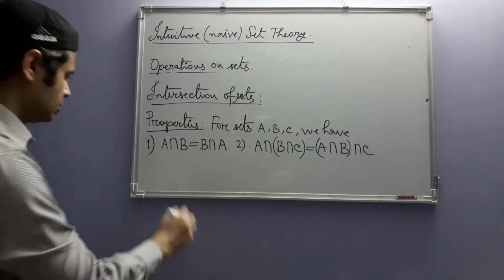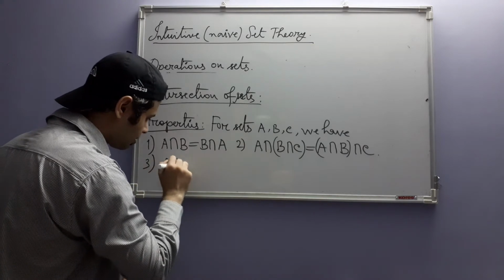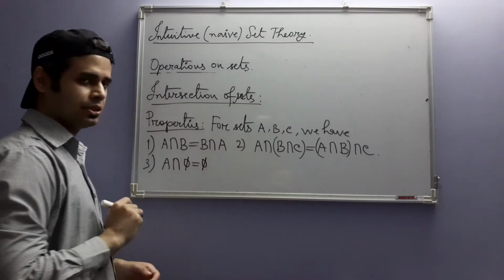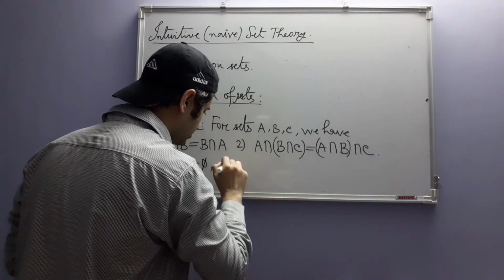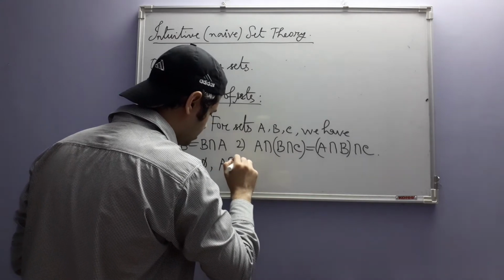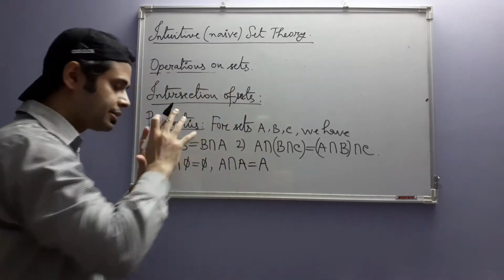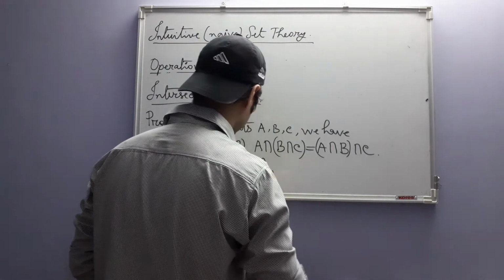Right? Third one, if we take the intersection of any set with the empty set, we get the empty set. Take intersection of any set with itself, you get the set itself.